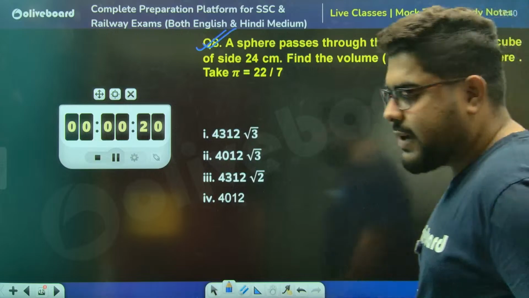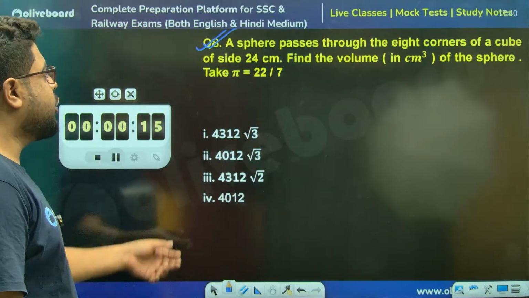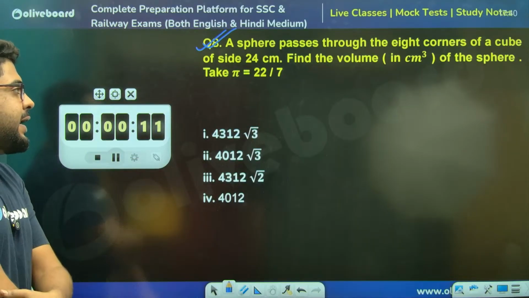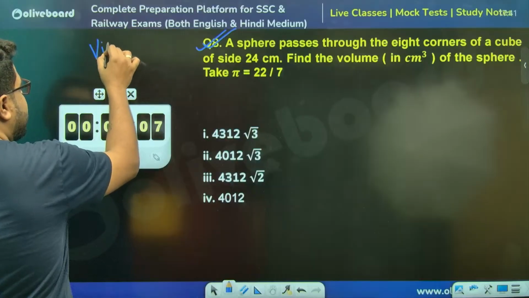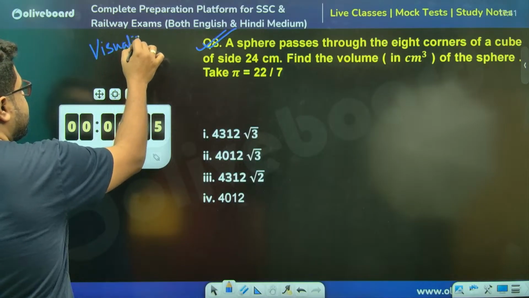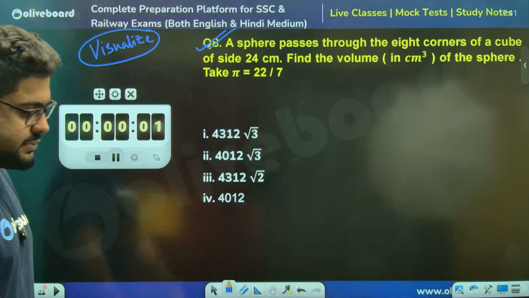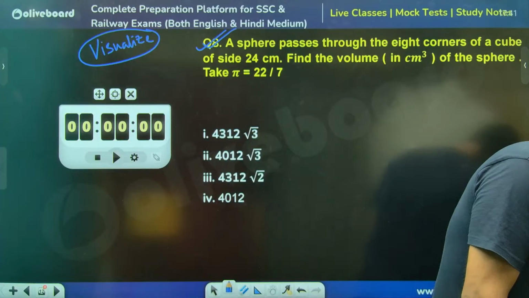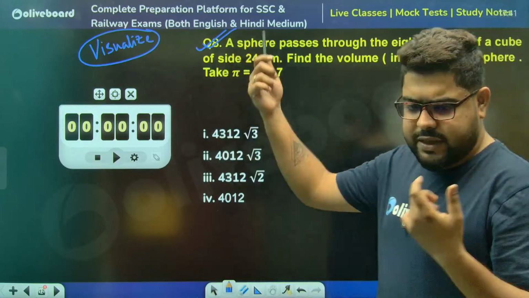A sphere passes through 8 corners of a cube of side 24 centimeter. Find the volume of the sphere. The best way to solve this. Answer, sir, on the left side. Okay, why on the left side?